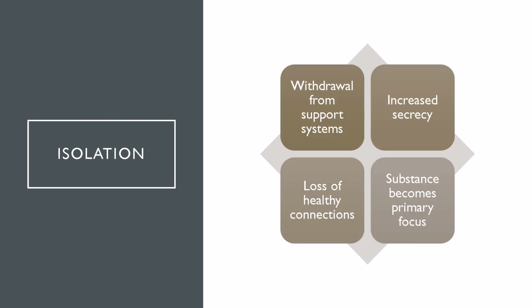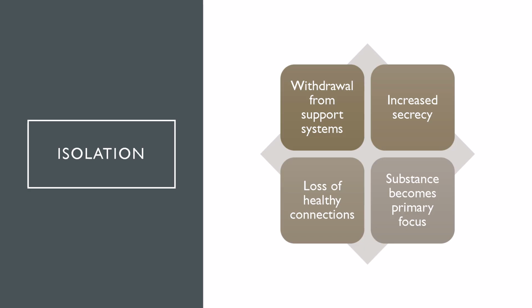I want to talk about isolation for a second because this is a common pattern in later stages of addiction, and it can significantly increase risk. As the substance use becomes more central to the person's life, they may start to withdraw from relationships and activities that don't support that behavior. That can include distancing themselves from family or friends and support systems. Secrecy often increases as that person tries to hide the extent of their use.